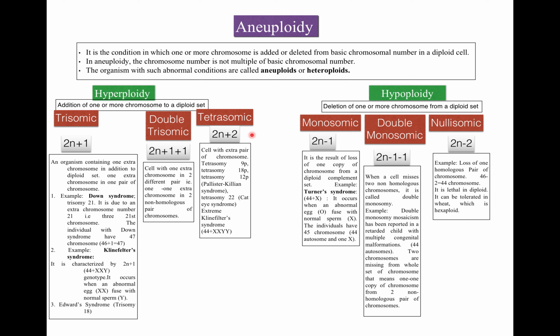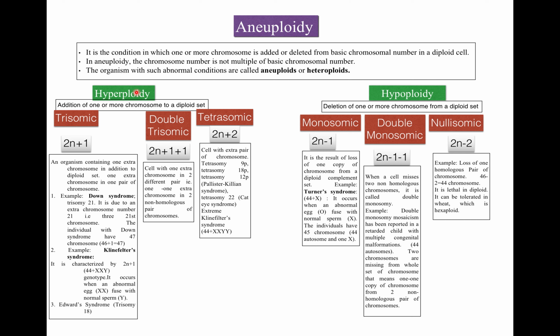The basic chromosomal number in a diploid cell is 46 in human beings. In aneuploidy, the chromosome number is not a multiple of the basic chromosomal number. Organisms with such abnormal conditions are known as aneuploids or heteroploids.